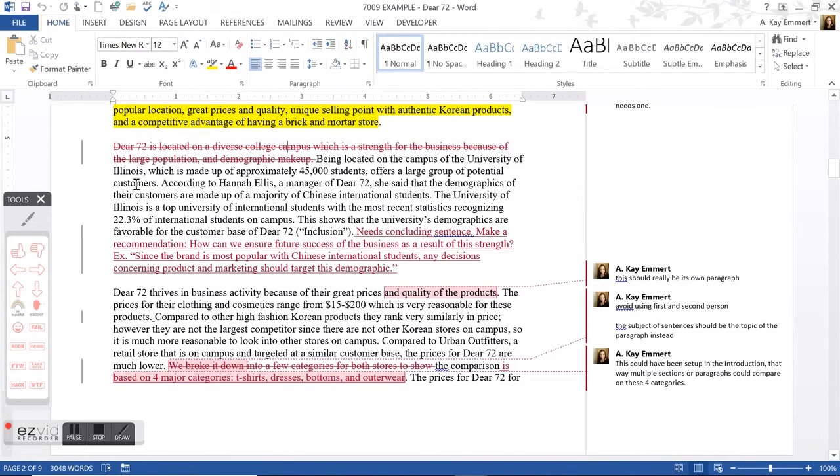Sure, this may touch on what a premise is supposed to do, but it isn't as effective as, say, the second sentence. Being located on the campus of the University of Illinois, which is made up of ... offers a large group of potential customers. These two sentences basically say the same thing, except the second sentence structure is much clearer. It has more specifics, and it's just more effective.